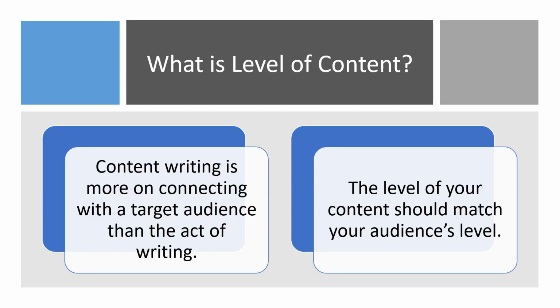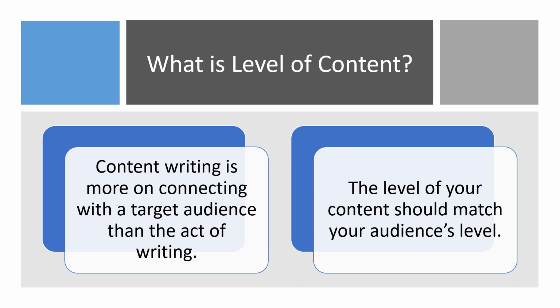Next, we move on to content writing and level of content. First off, what is content writing? Simply put, content writing is the kind of writing for internet audience, and it is based on a particular keyword. So examples of content writers are ghost writers, copywriters, technical writers.